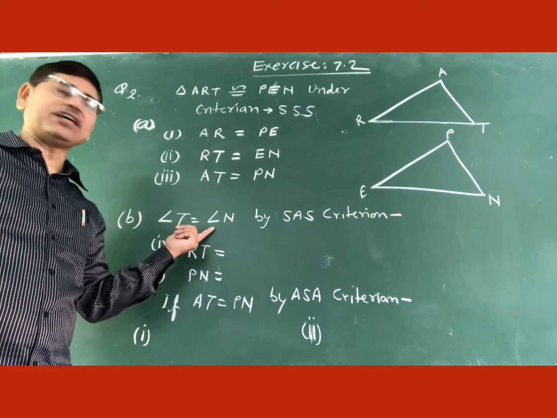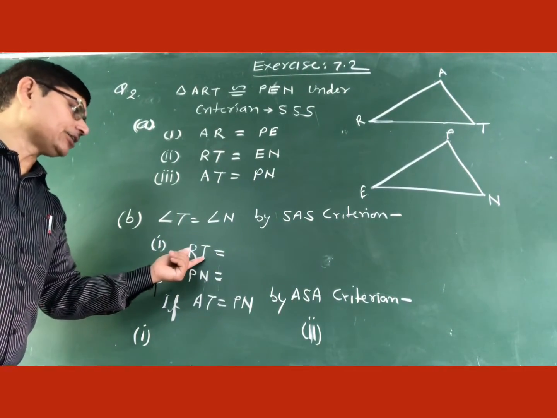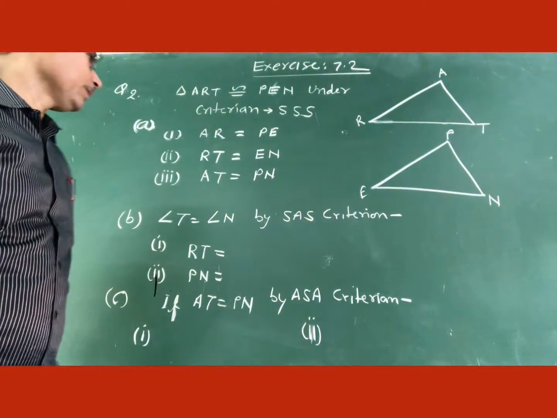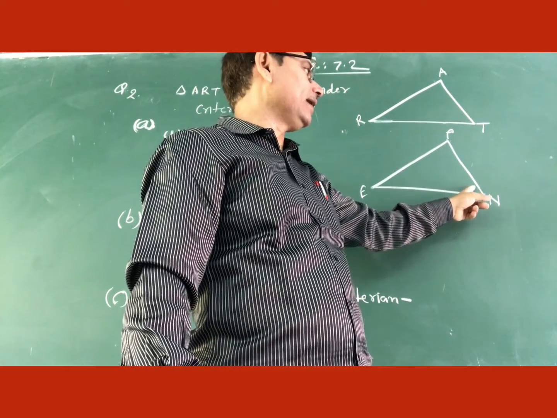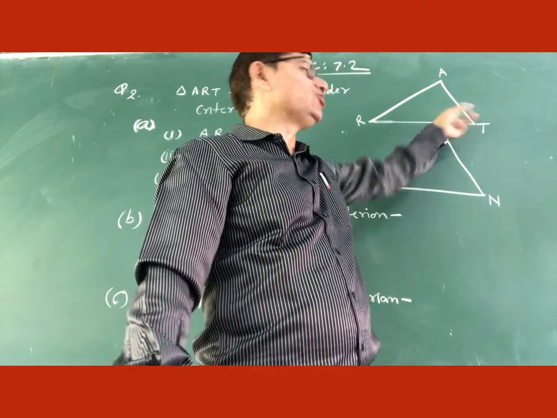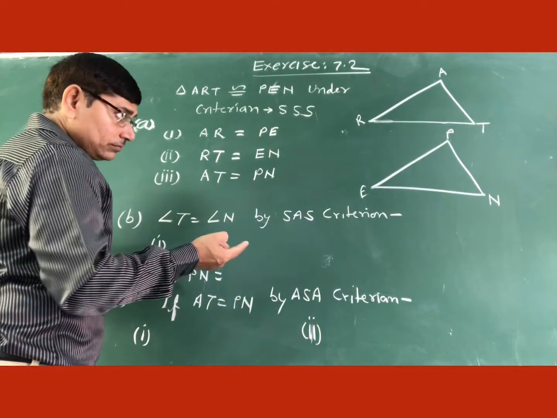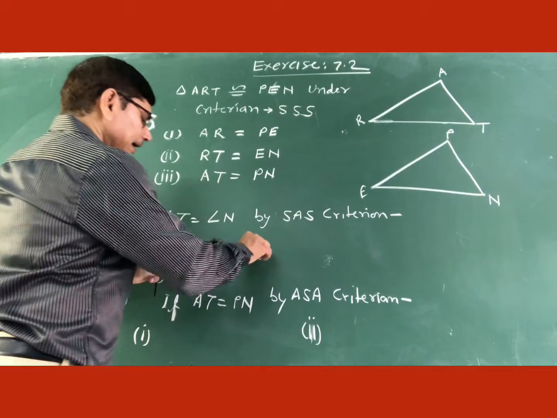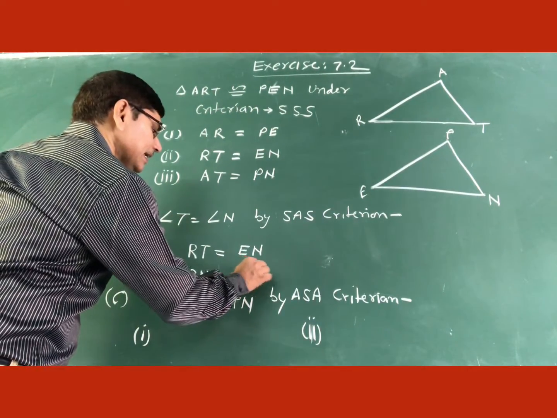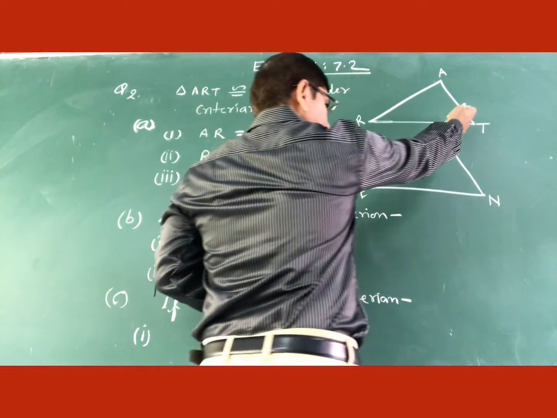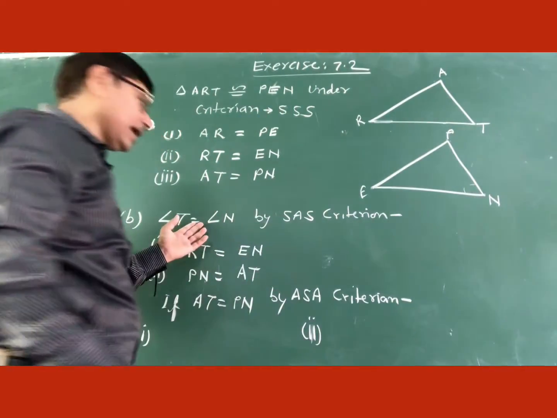If the included angle is given, that is angle T equal to angle N, then which side will be equal? So here it is given that RT equals EN, correct answer. And after that PN means AT, this is A and T, that is AT. So you can see this angle will be your included angle, because this side is equal and this side is equal, so the included angle between them is given.